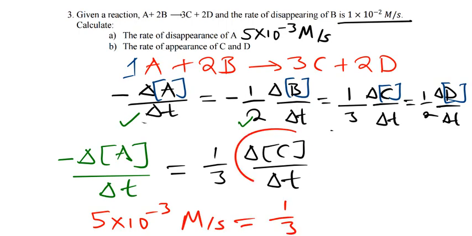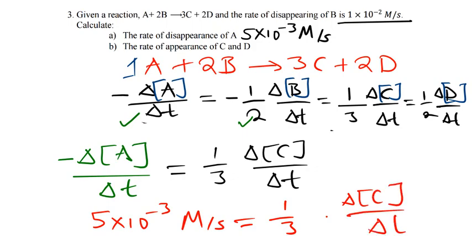Now this part, since it's positive, it represents the rate of appearance of C. So we can do away with the 3 that is appearing there by multiplying by 3 throughout, so that we do away with 1 over 3. Okay, so that we just ultimately remain with the rate of appearance of C.